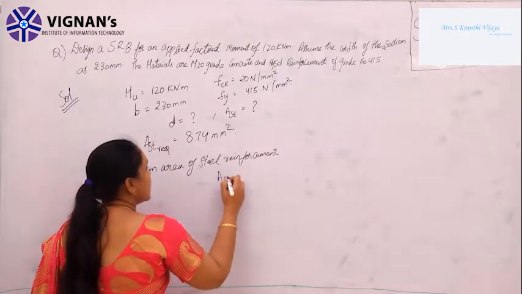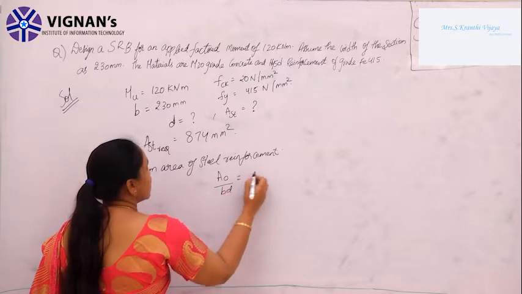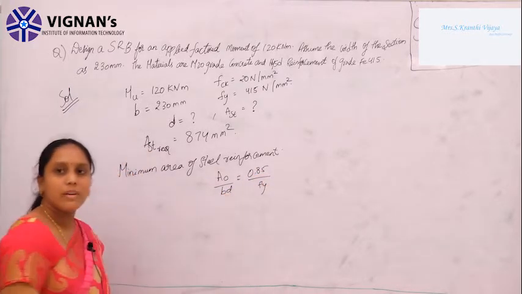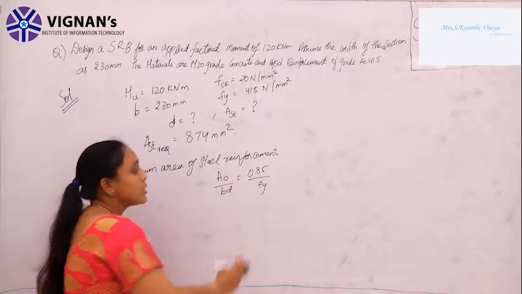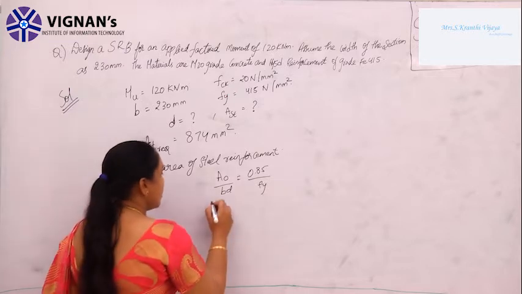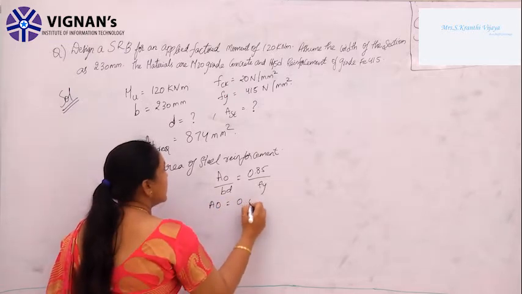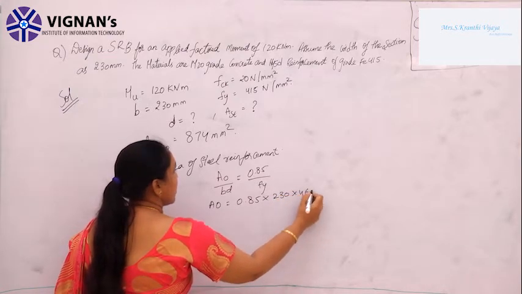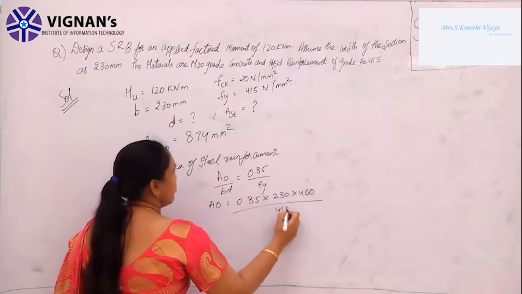What is the formula? That is A naught by BD is equal to 0.85 by Fy. We already know the value of B, the value of D and also the value for Fy. Substitute all the values here. So, A naught is equal to 0.85 into B is 230 and D is 460 divided by 415.